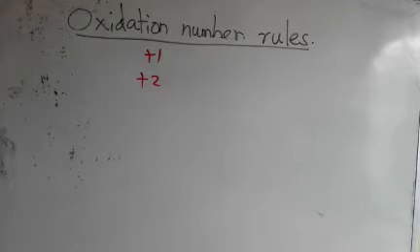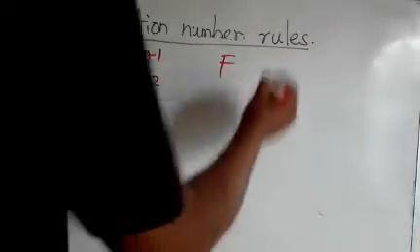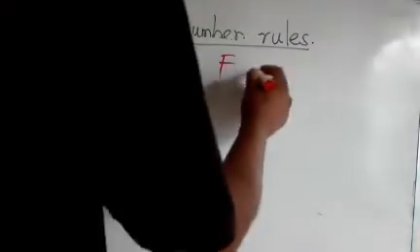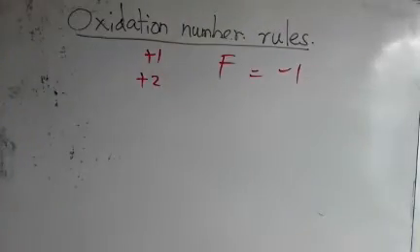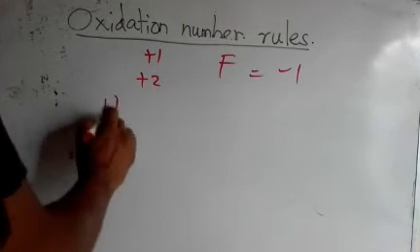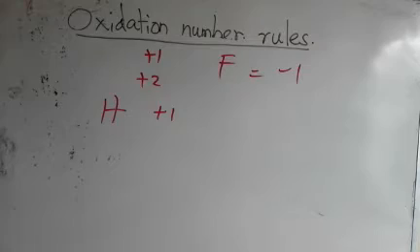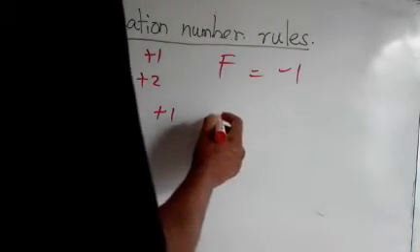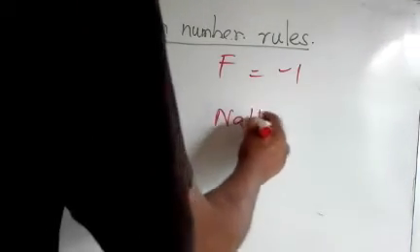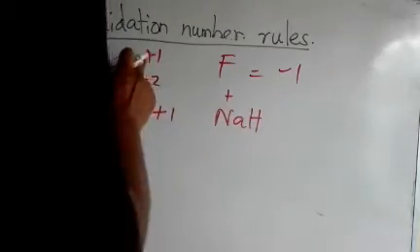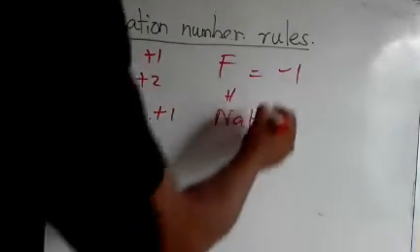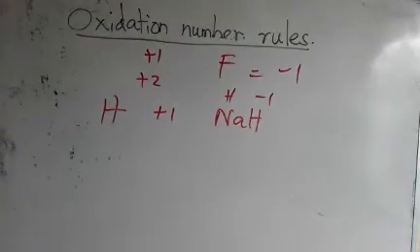And remember, fluorine, the most electronegative element, is always -1. Hydrogen, in most compounds, has +1, but in some metal hydrides, like sodium hydride, sodium is always plus because it is in group 1, so hydrogen has a negative oxidation number, -1, in metal hydrides.